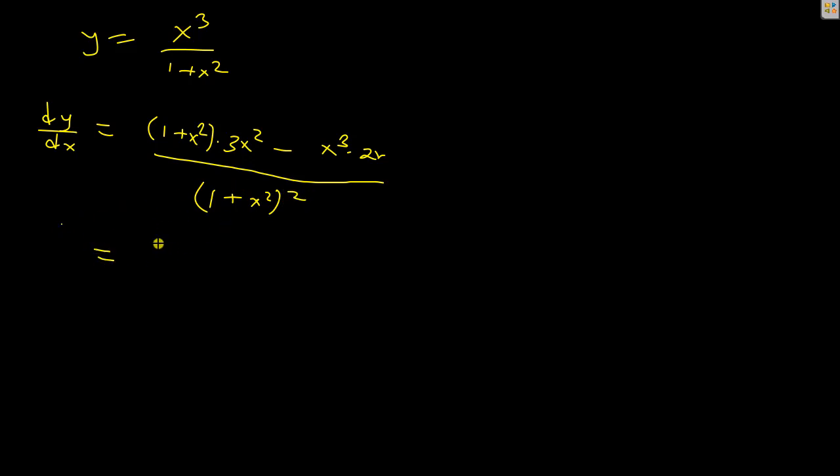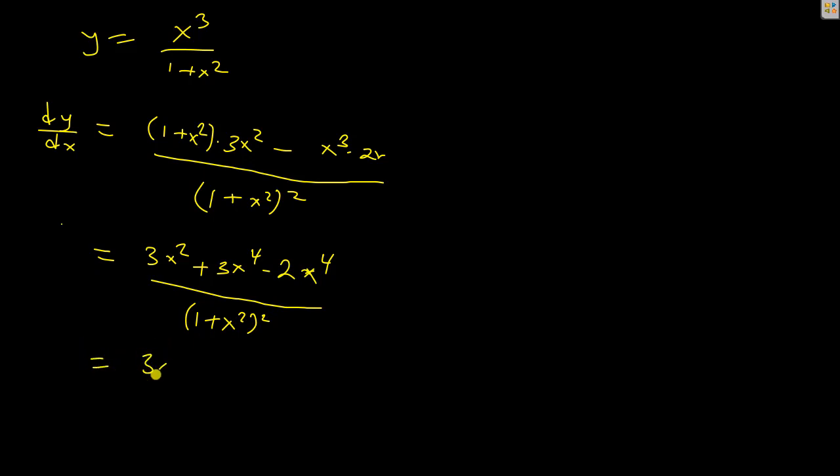If I simplify this, I'll actually have 3x squared plus 3x to the power 4 minus 2x to the power 4, all this divided by 1 plus x squared squared.